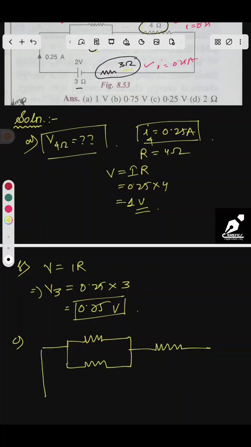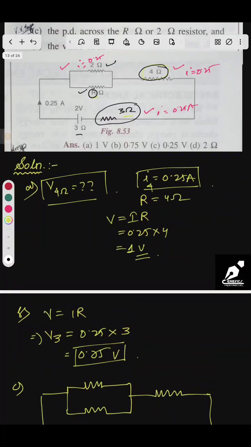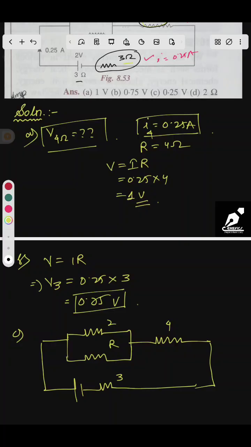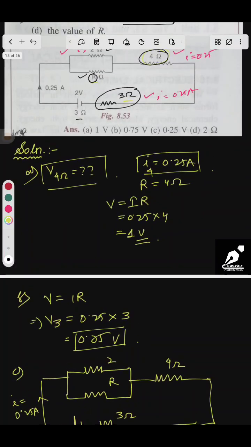So this is the given circuit, and this one is 2, this one is R, this one is 4, this one is 3, and this one is 3 volt, 3 ohm, 4 ohm. The current is 0.25 ampere.